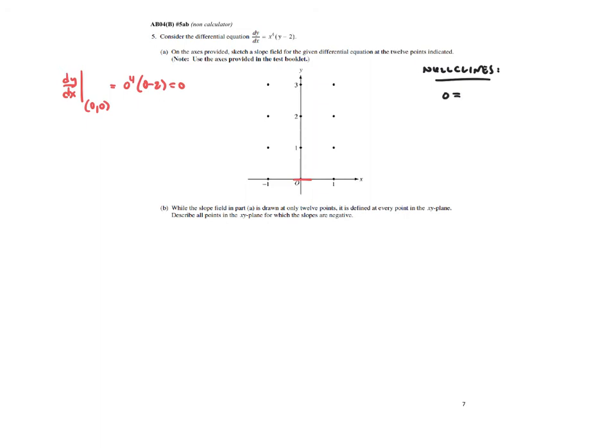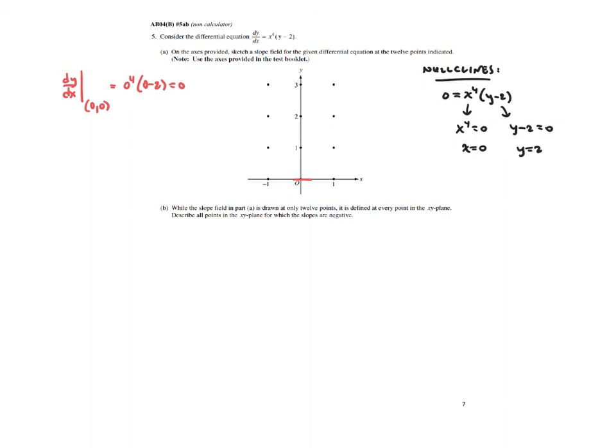I'm going to set dy/dx equal to 0. Okay, this will actually kind of limit the amount of work I have to do. Okay, using the zero product property, either x to the 4th equals 0 or y minus 2 equals 0. Therefore, x would be equal to 0 or y would be equal to 2.